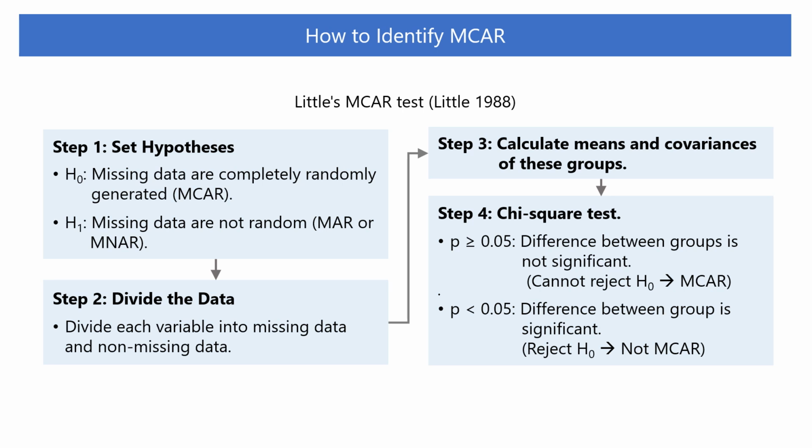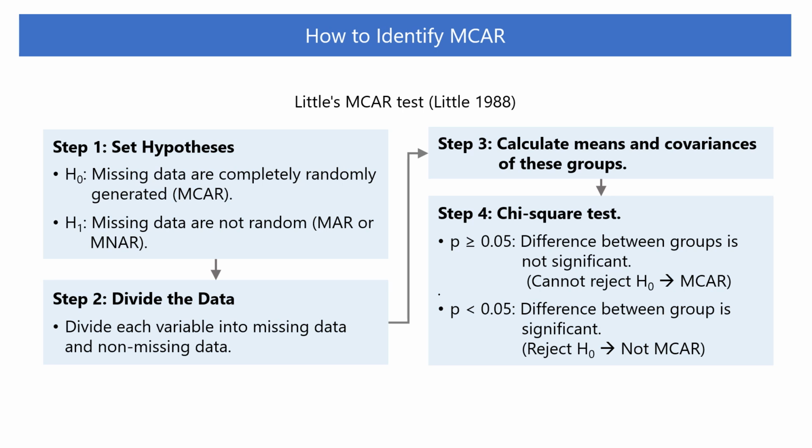Let me give you a detailed explanation of how to check whether missing values are MCAR. We can use Little's MCAR test to determine statistically whether the data is MCAR or not. This test evaluates the missing data pattern and determines whether the assumption that missing data is MCAR is correct.